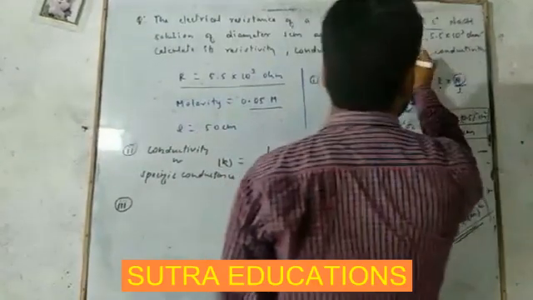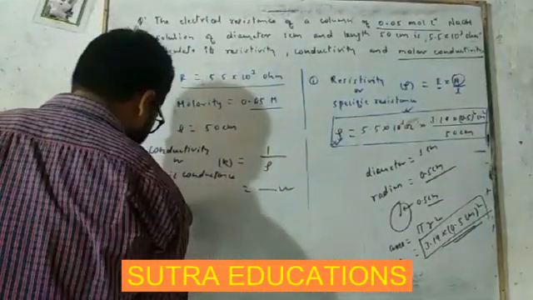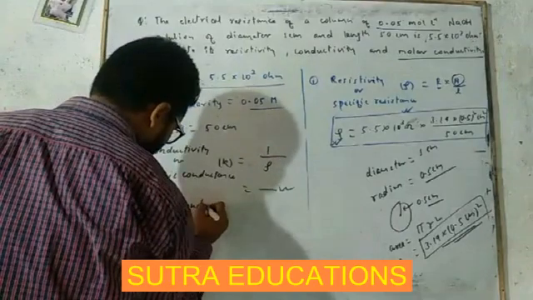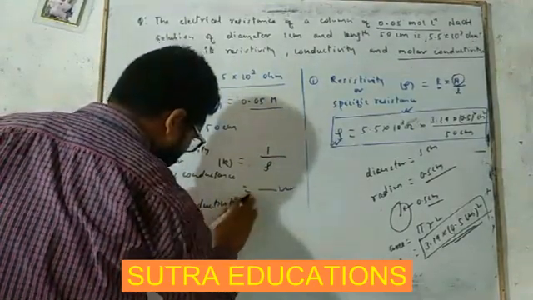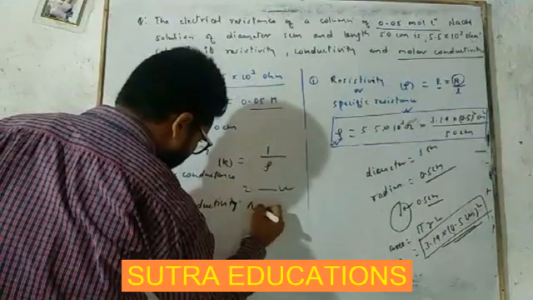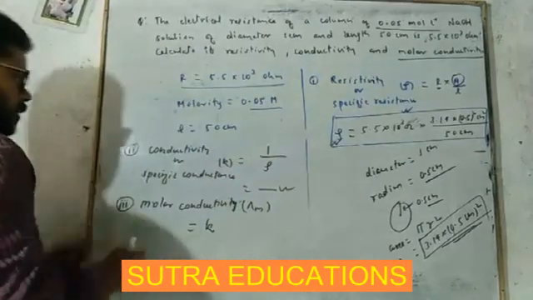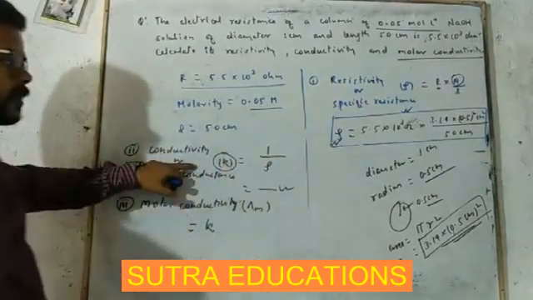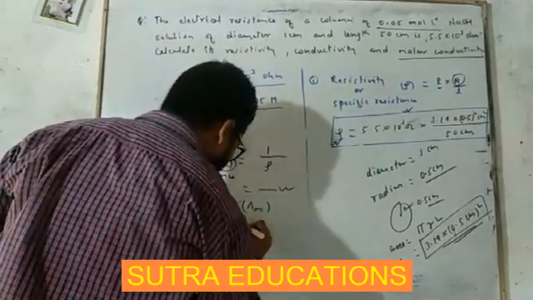Come to the third part: molar conductivity. We know the formula of molar conductivity. Molar conductivity is kappa into 1000 by molarity.